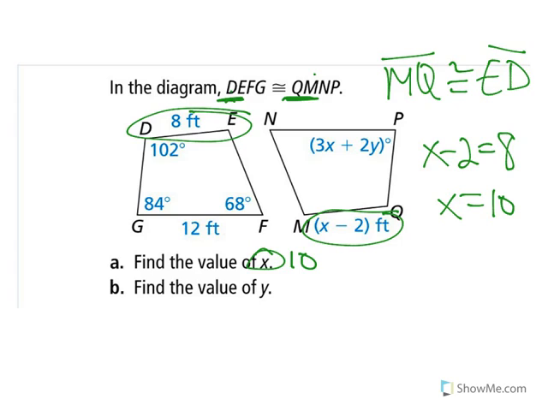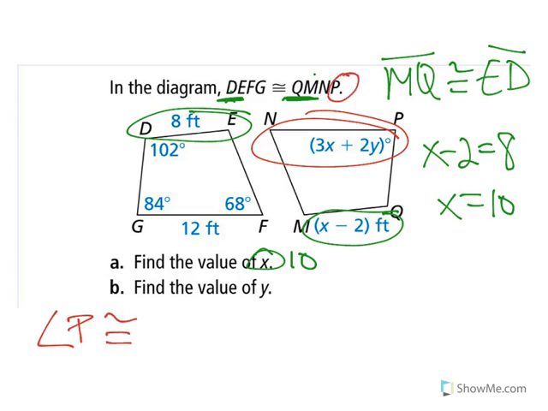So then we need to find y, which is here at NP. So we can say NP, oh, sorry, not N, I'm okay. Angle P is congruent to, well, there's the P at the very end, so it must be congruent to angle G at the end there, which is 84.